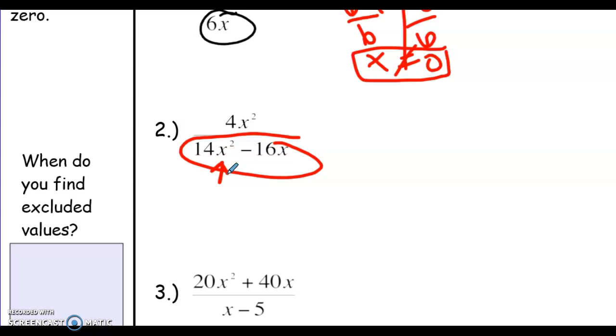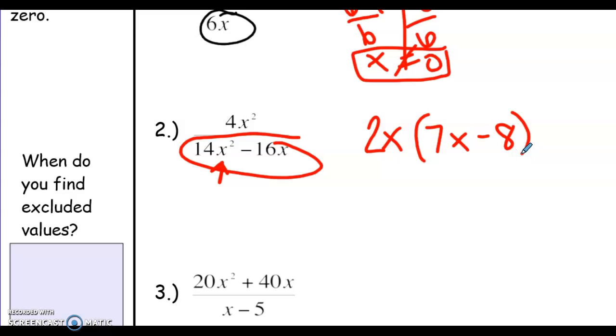I did not have to factor the one above because it didn't have parts to it. So this one I'm going to look at 14x squared minus 16x. I see that 2 can come out of both, but there's something else. 2x can come out of both. And I'm left with 7x minus 8.